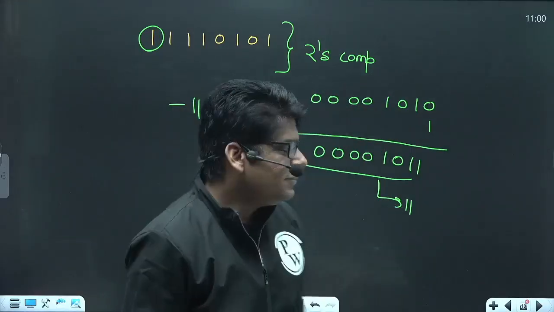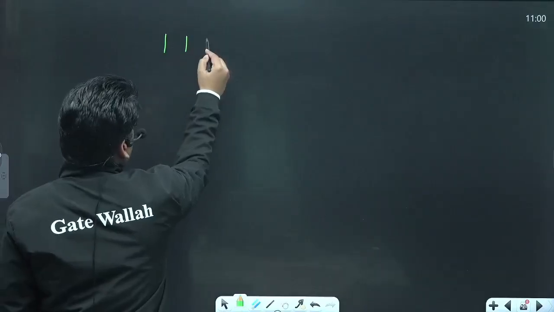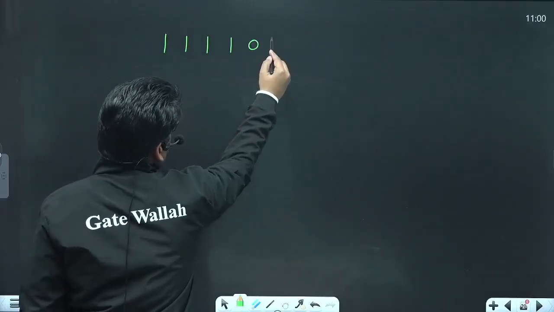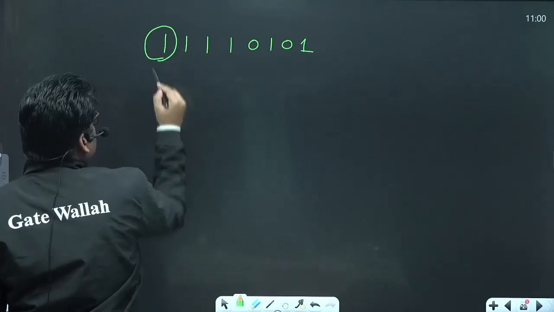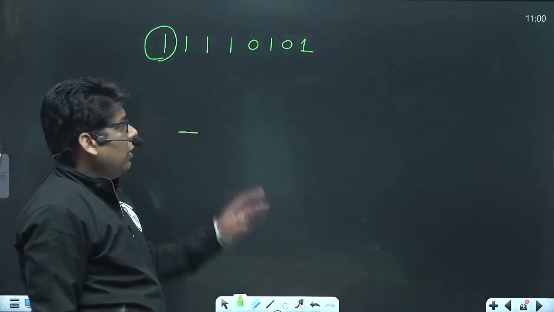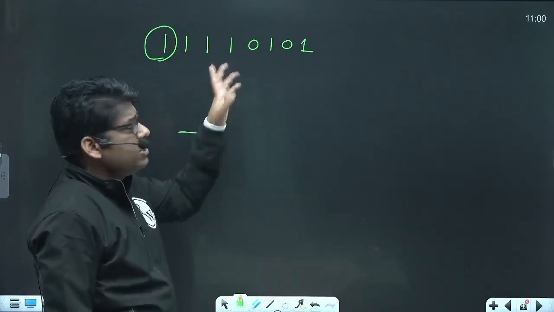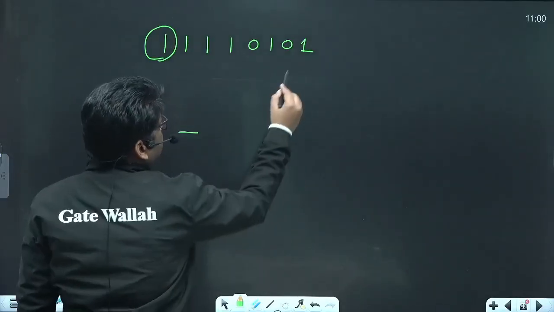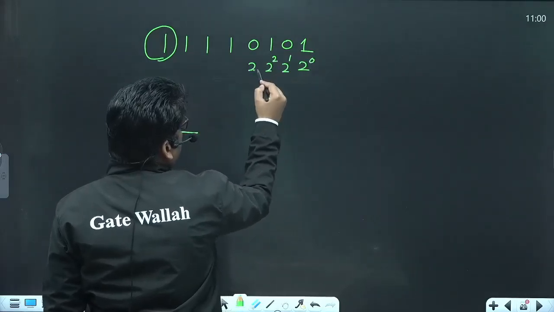Done. Second way. Sir, 1 1 1 1 0 1 0 1. By looking at this, the computer gets to know that the number is negative. But in order to find this value, don't complement it, just focus on 0. So what did we do? 2 raised to the power 0, 2 raised to the power 1, 2 raised to the power 2, 2 raised to the power 3.